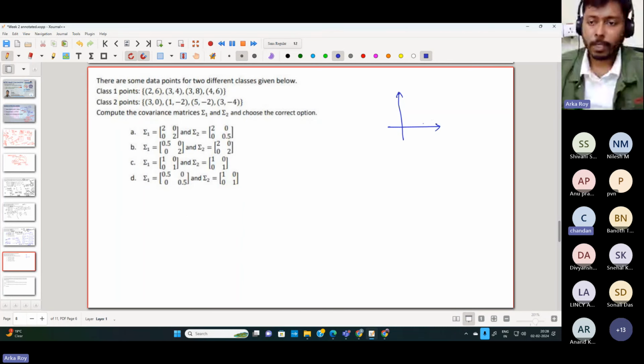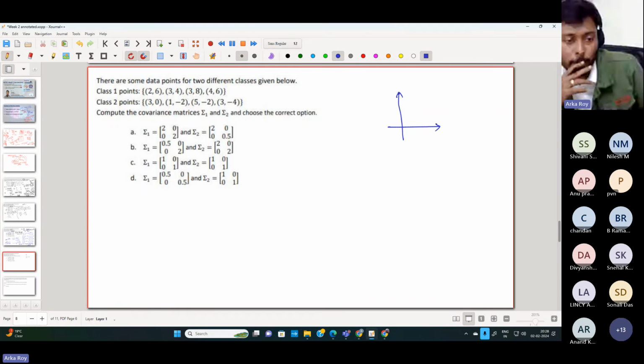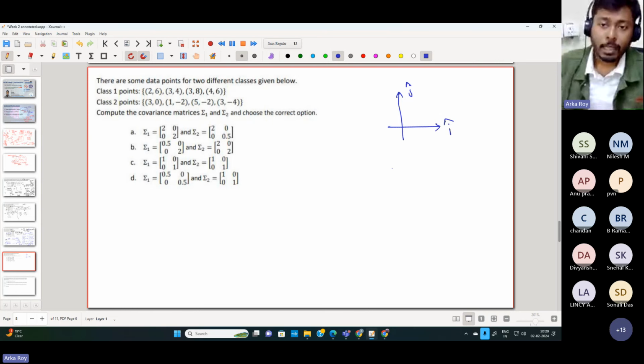Okay, let me give you a very good example. Let me give you an example. I cap and j cap, we know these are the unit vector along the x axis and the unit vector along the y axis.